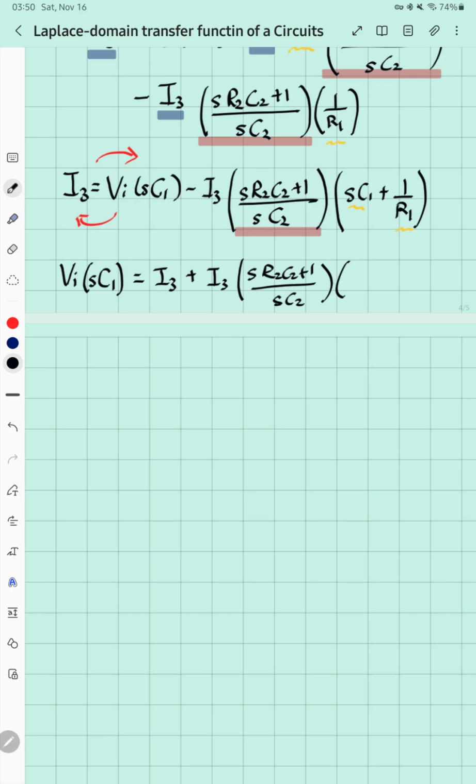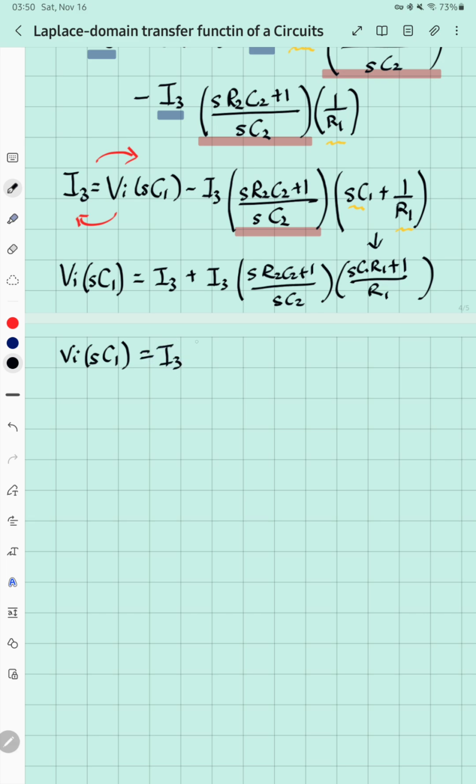And let's do a quick simplification directly from here. So it will be R1 SC1 R1 plus 1. Okay. And then I will do another iteration.